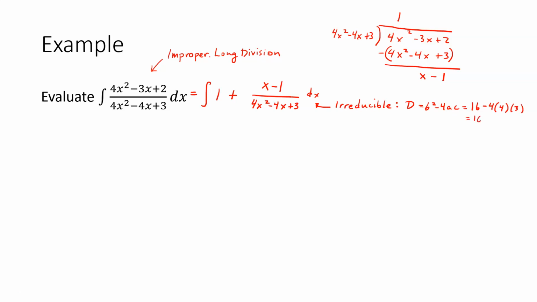So that's going to be a negative value, right? That's 48. So 16 minus 48 would be negative 32. So it's definitely negative there, right?